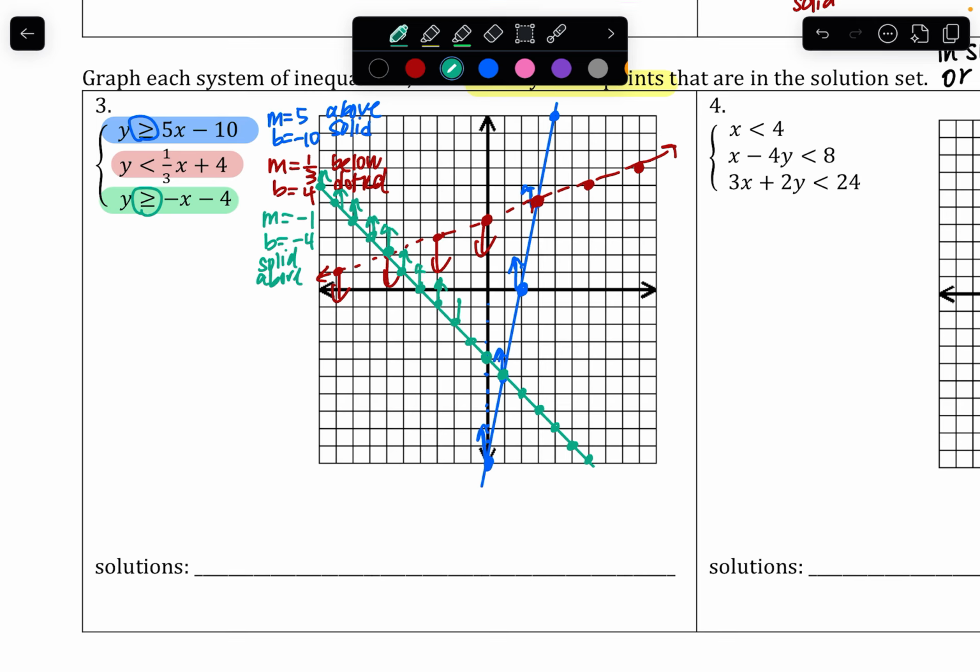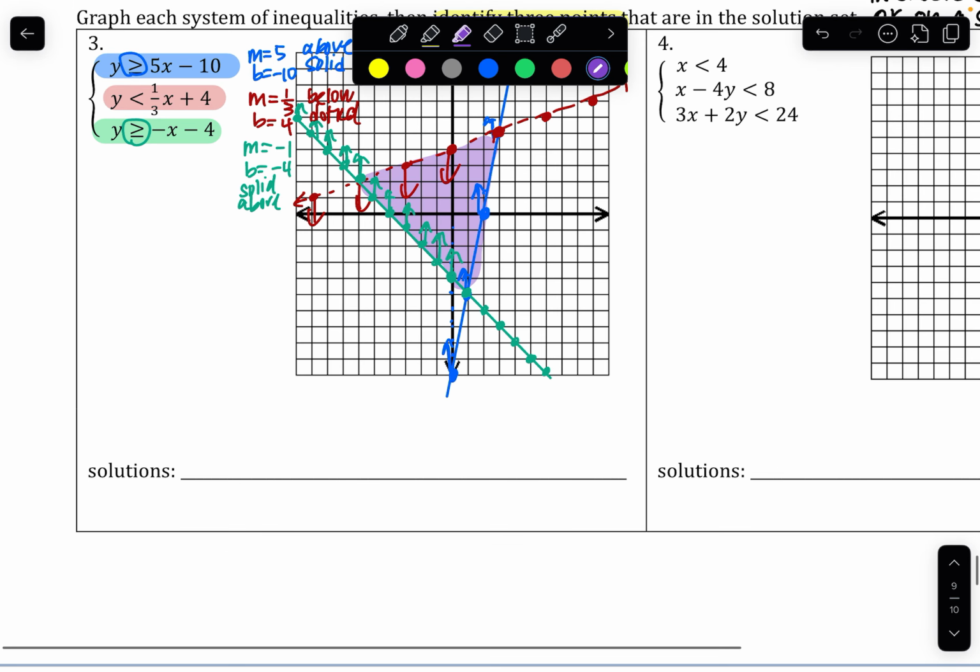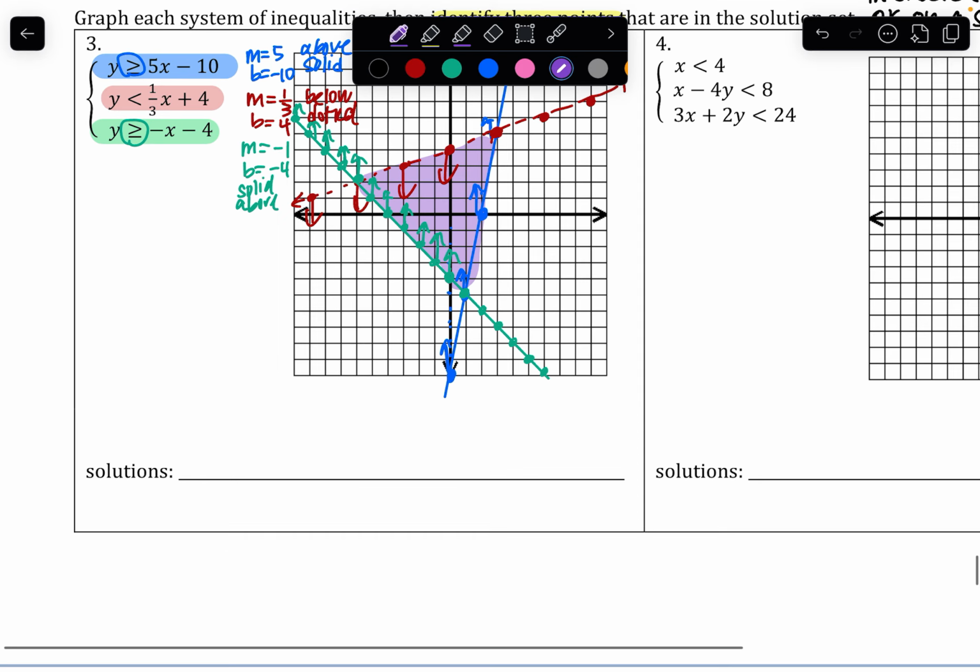Okay, and so look at the region where all the arrows are pointing, and you'll see that it's this triangle. Okay, and so if we were to pick solutions, we can pick anything in the triangle, so the origin would work.